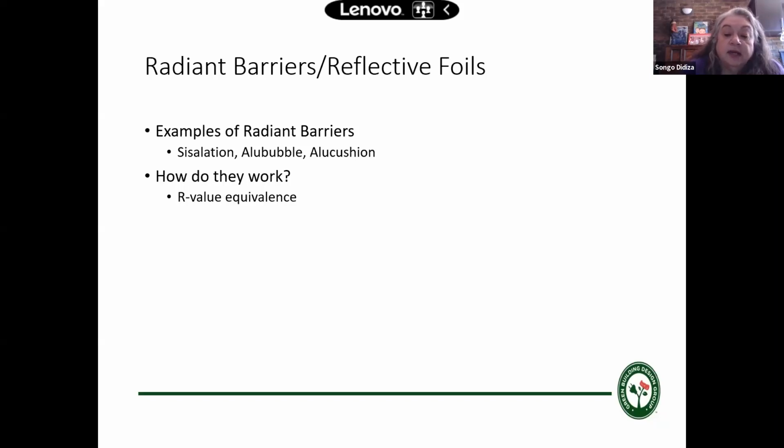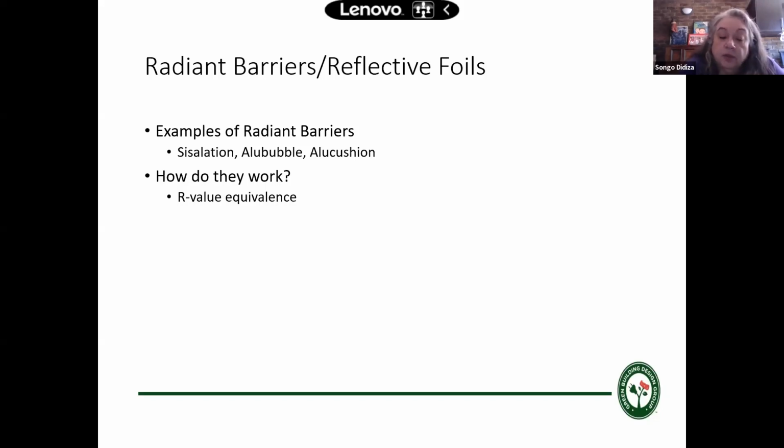Another thing you might be able to do, Kieran, is take a radiant barrier and use it as a roof lining. It does improve the total system R value, especially in a hot climate, because reflective foils and radiant barriers work well in hot climates.